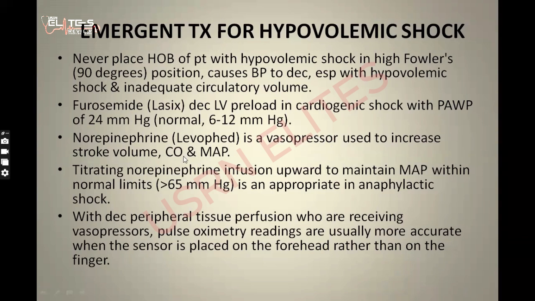So norepinephrine, and some other, not all, inotropes, but let me stick to norepinephrine, presses or constricts blood vessels, especially the arteries, so that your stroke volume and cardiac output increase.